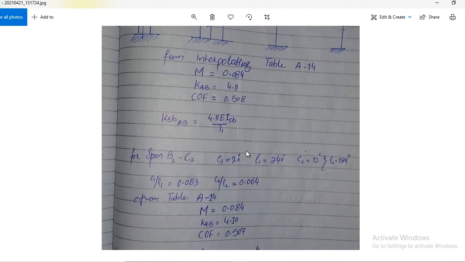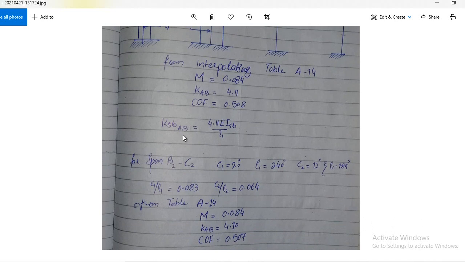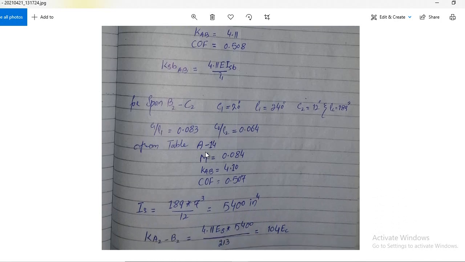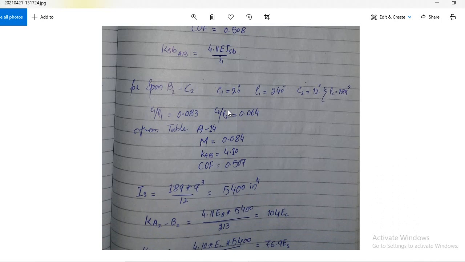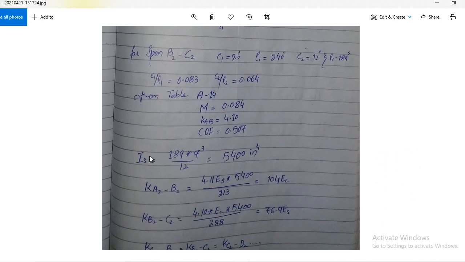Now you have to calculate Ksb for span A2B2 and B2C2. Clear? So you see the procedure. In case of B2C2, we have C1 20. I already explained it. And you have to find C1/L1, C2/L2, go to table F14, interpolate the values as you did here. Clear? And this is your moment of inertia of slab, 189. 189 is what?